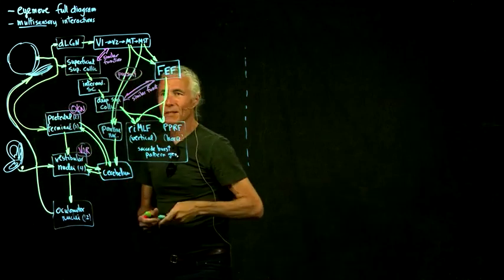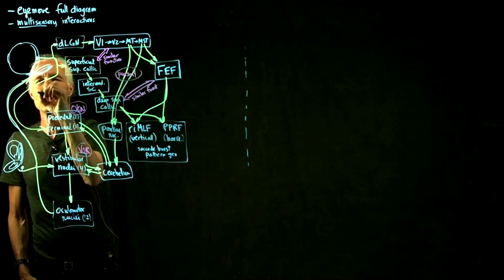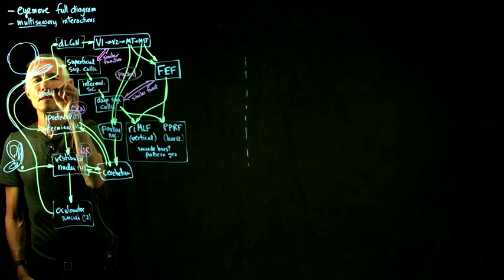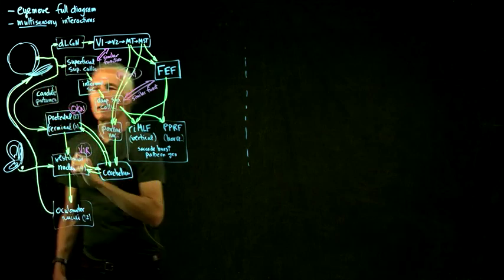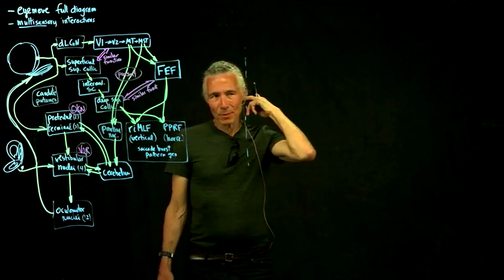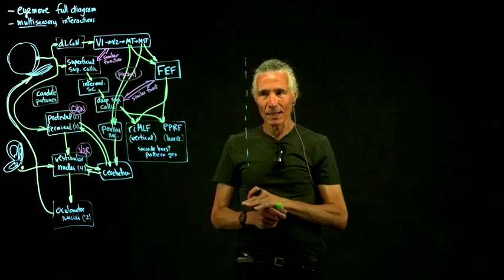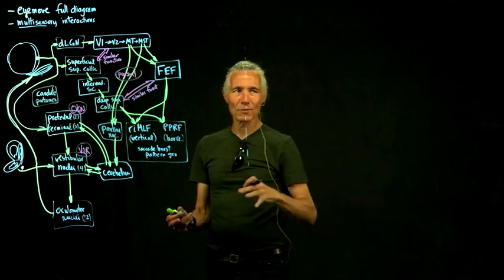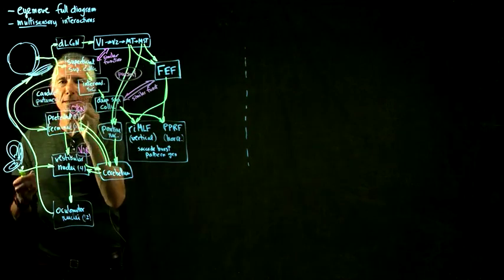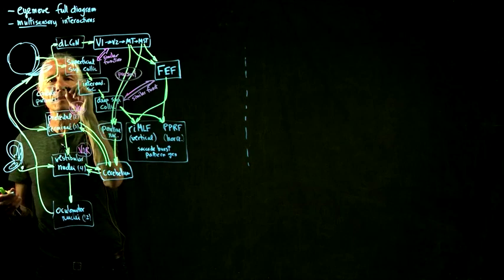So here's the caudate and putamen. We haven't talked about those yet, but those are parts of the basal ganglia. And the caudate and putamen essentially receive input from the entire cortex, literally. All of the cortex goes to the caudate and putamen. There's literally no part of it that doesn't go there. And then that projects to the globus pallidus.